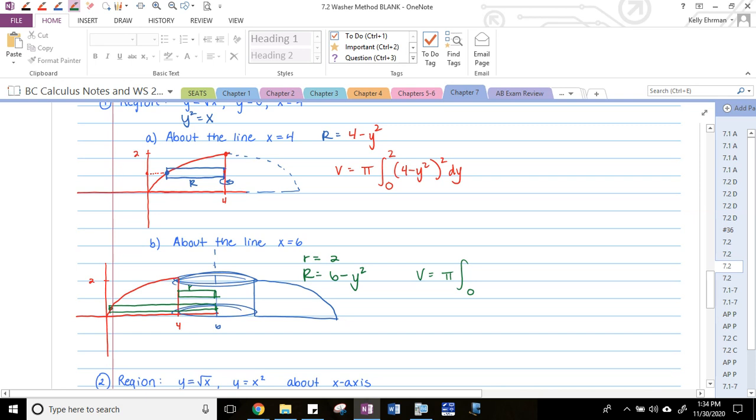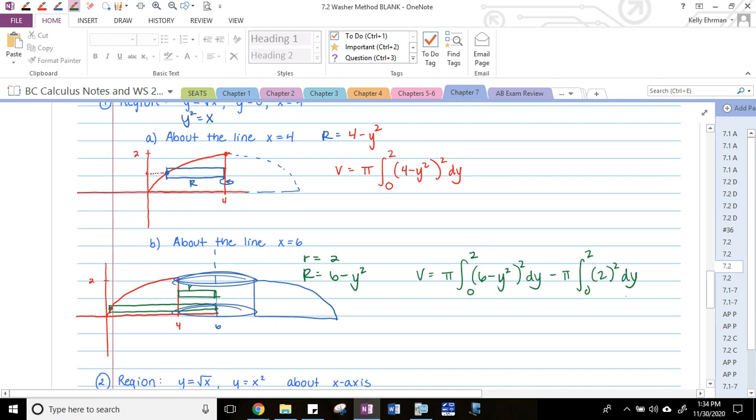It doesn't reach any higher than that. So 0 to 2 of (6 minus y squared) squared dy. That's my outer piece, right? Minus pi times the integral of 0 to 2 of 2 squared dy.